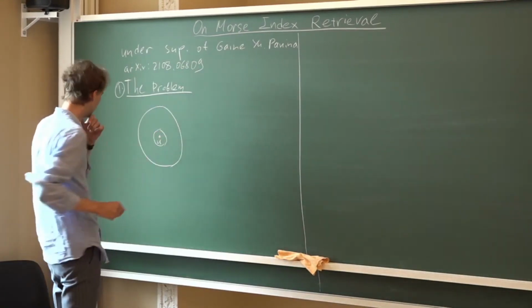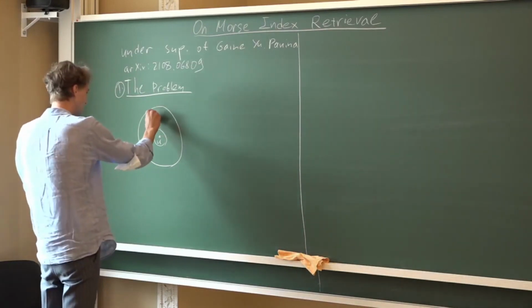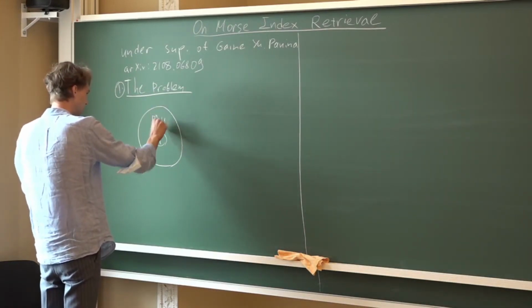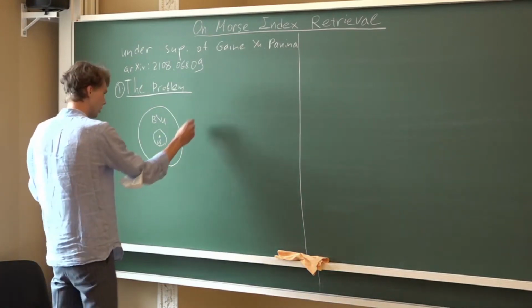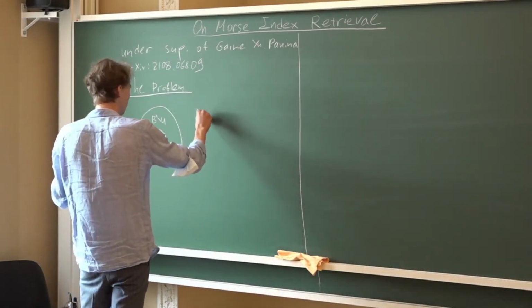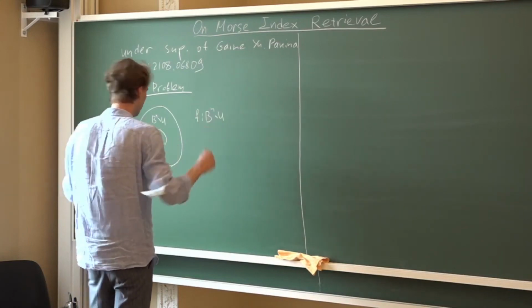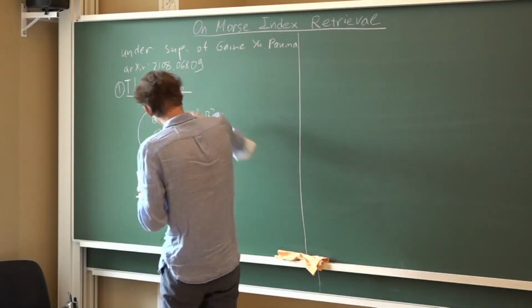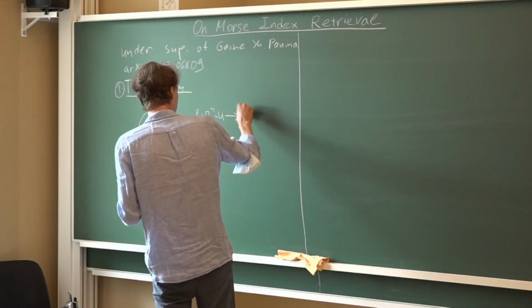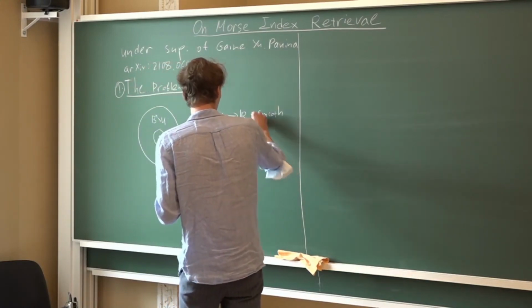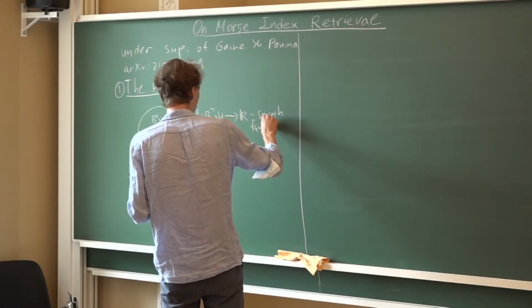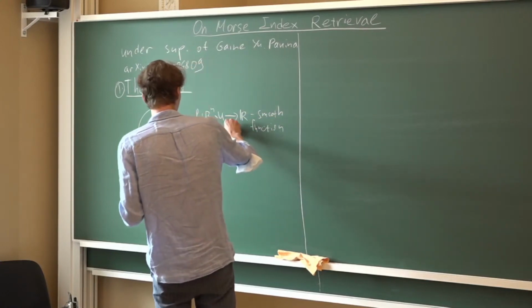We call the smaller ball U, and this area is the unit ball minus a small ball. And we have a function f, a smooth function on this annulus, a multidimensional annulus, to the real numbers, without critical points.